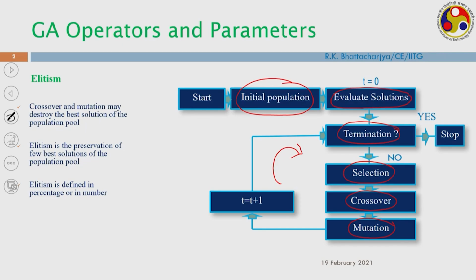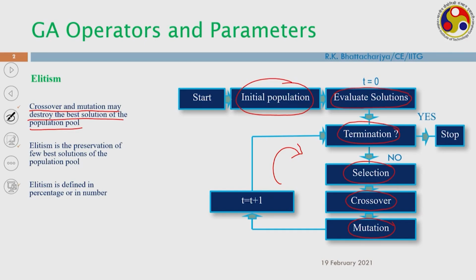Now, when you apply crossover and mutation, some of the solutions, even the best solution or better individuals, may be destroyed. So the crossover and mutation may destroy the best solution of the population pool. It is not that crossover and mutation will always create a better solution than their parents.